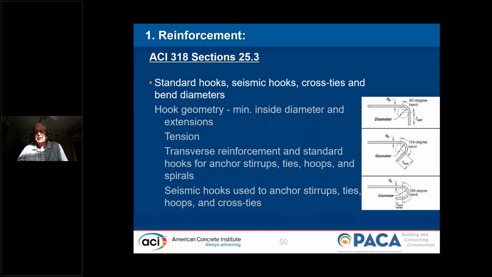Even the shapes of the rebar, the standard hooks, the seismic hooks, cross ties, bend diameters, these are all important properties for the concrete. The standard hook is a 90-degree hook. Then we have the 135 hooks, and the high seismic requires a 180-degree hook.